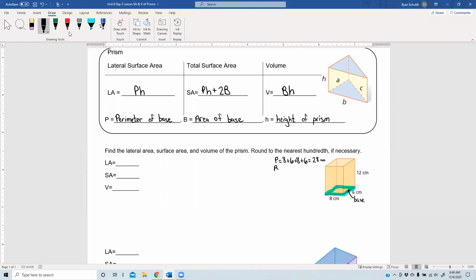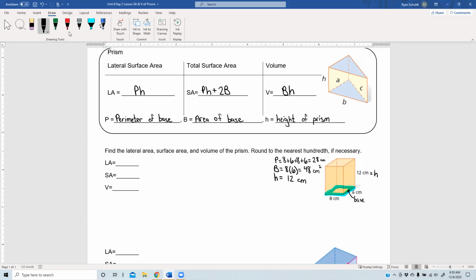The area of the base is going to be 8 times 6 because it's a rectangle. Six times 8 is 48 centimeters squared because it's area. And then the height of the prism. This is the other number that we haven't used yet. That 12 tells us how tall it is. So this is 12 centimeters.